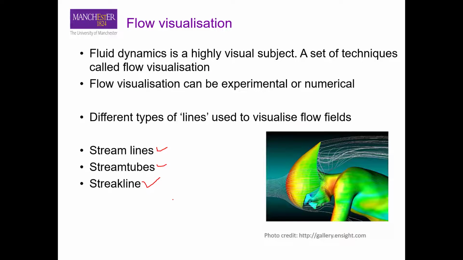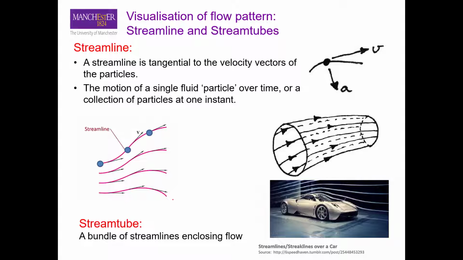So to picture the motion of a fluid, we can start by examining the motion of a single fluid particle over time, or a collection of particles at one instance. For example, here we have one particle in the fluid, and each of these points has a velocity vector that is tangential to this point, and then we have an acceleration vector that is normal to this point.